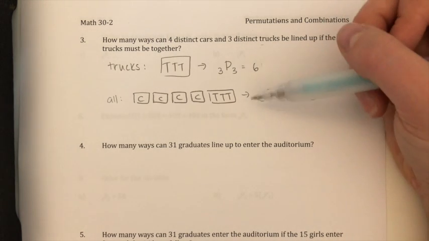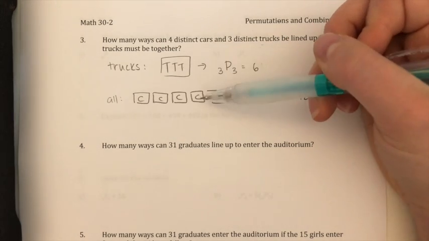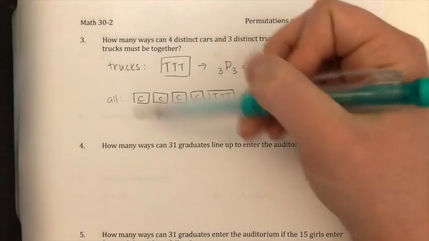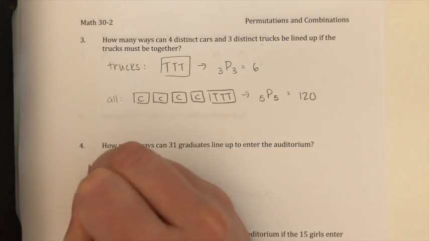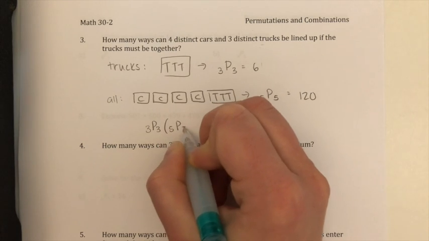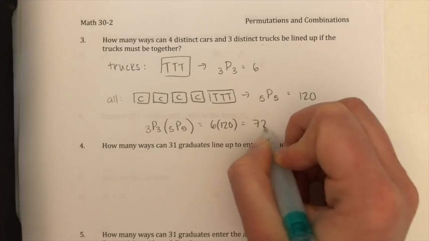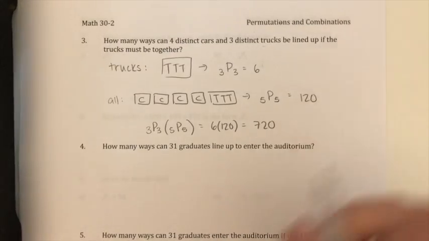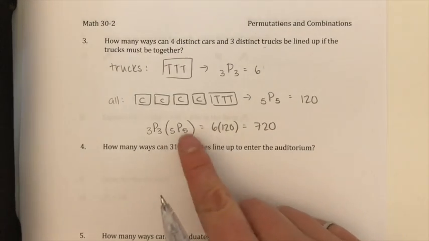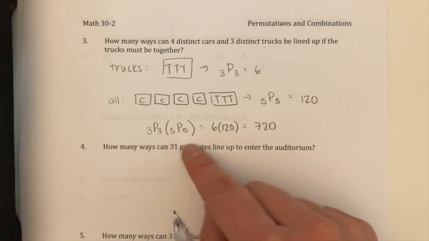When we had situations like this the last couple of days, remember that if we change this or this, it's going to impact the whole order. We're going to have to multiply them. So we're going to have 3 pick 3 times 5 pick 5, which is 6 times 120, which is 720. Just so you guys know, depending on the situation, sometimes these numbers just get really big.